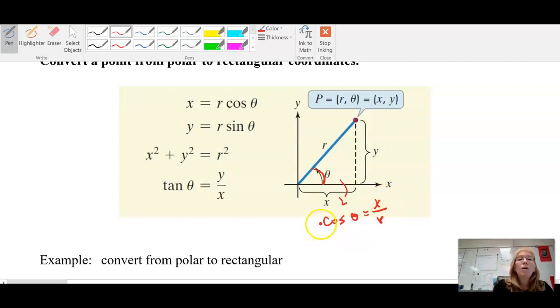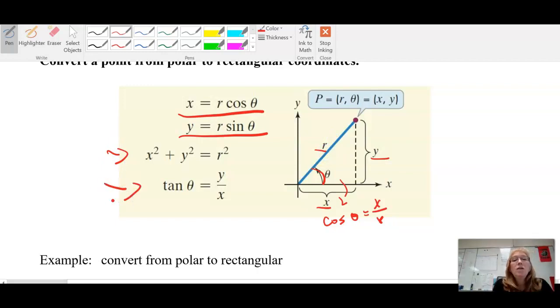Multiply by the r and you have found x. So this is a polar to rectangular conversion. The same is true with y. We also know that x squared plus y squared equals r squared, your Pythagorean theorem. Sometimes we need this. Tangent is always sine over cosine or y over x.